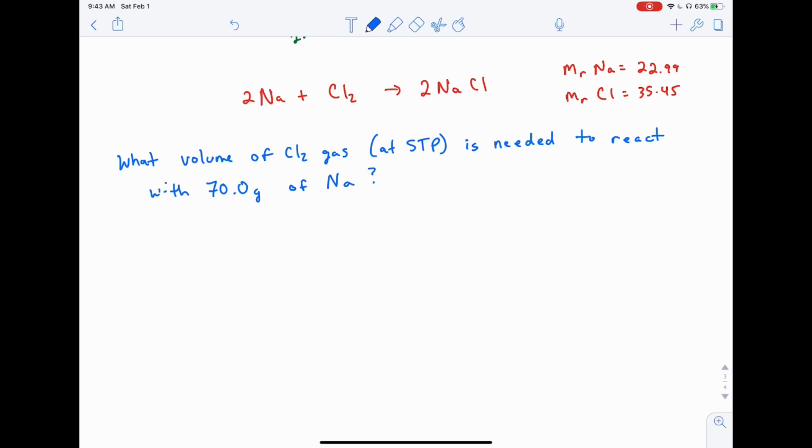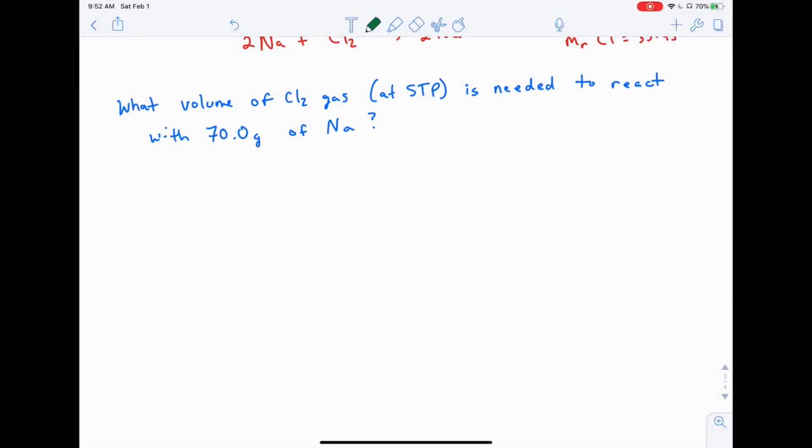You end up doing conversions here, and so I'm just going to do it factor label here to show you one way to do it.